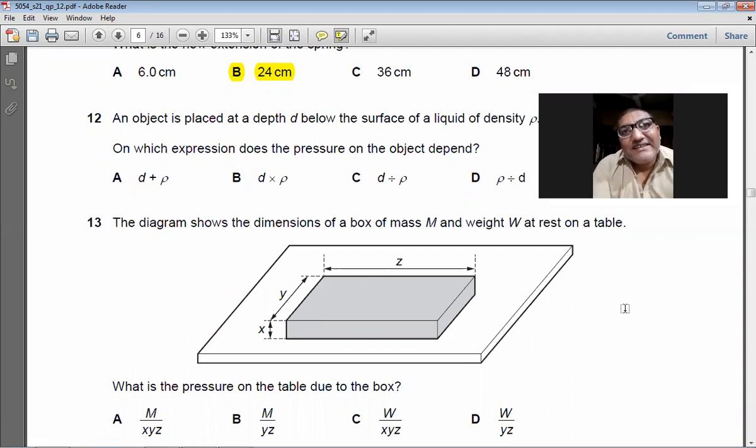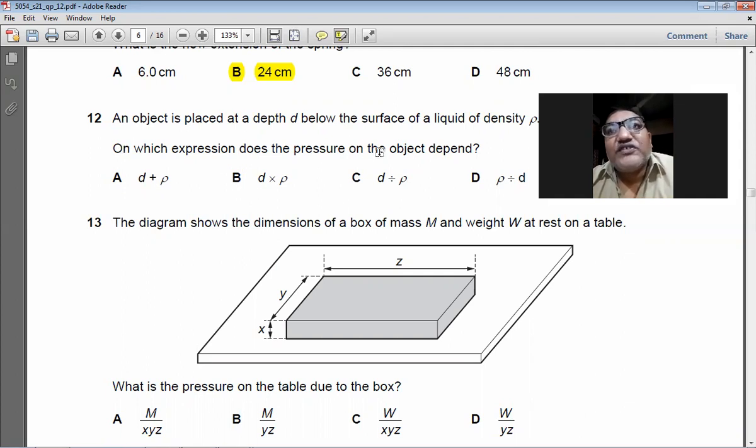Where rho means the density, that is a factor, okay? G is the gravitational field strength, that is a constant, so you can skip it. And H is the depth, here it is D.